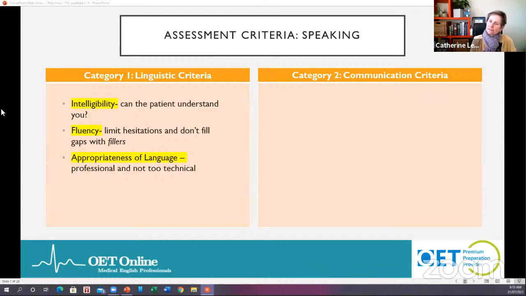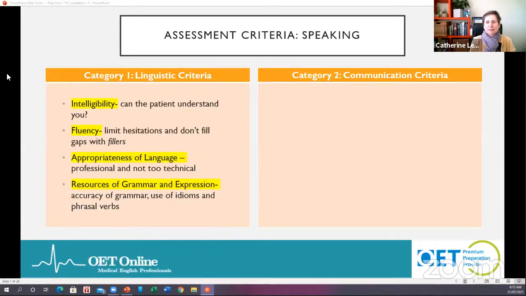Your appropriateness of language, so not using technical terms. If anything, that's not about your medical knowledge, because you've got to speak in layman's terms, in the words that the everyday person can understand.